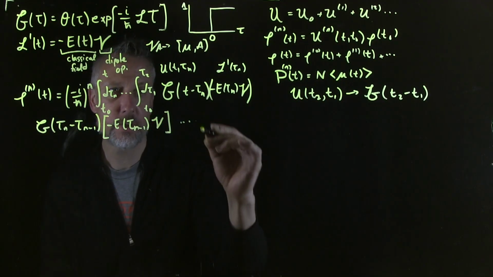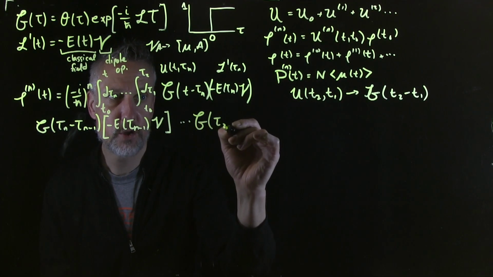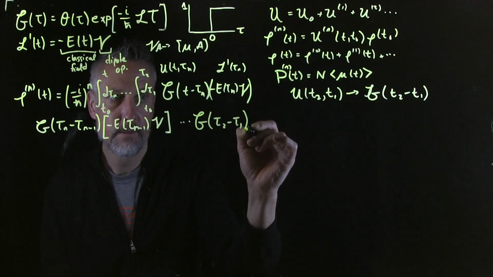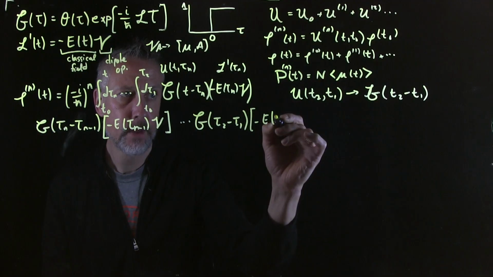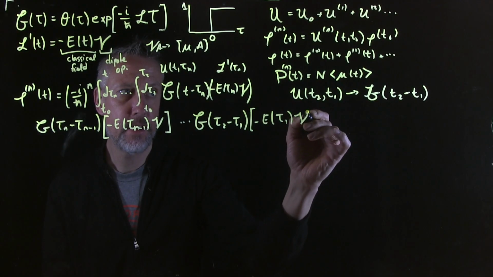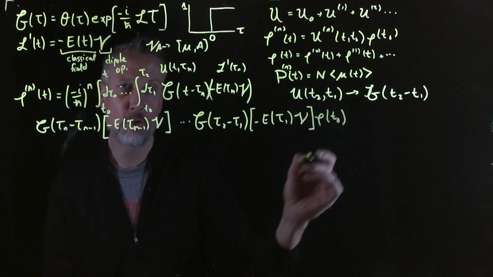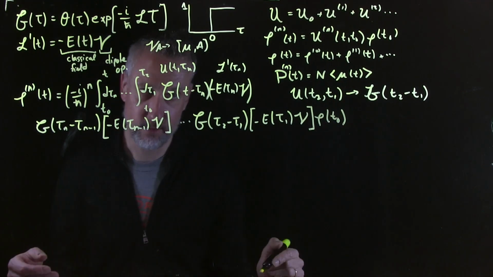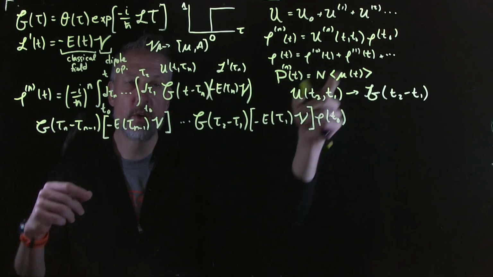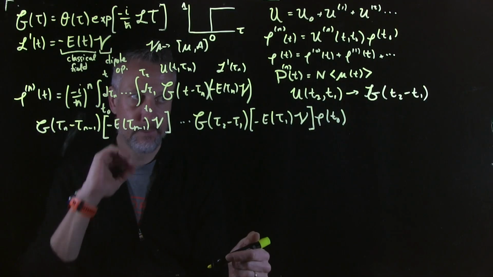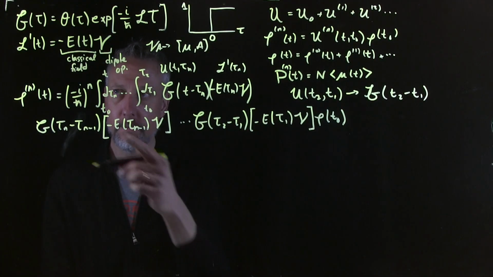All the way down to the last term, which looks like g, tau 2 minus tau 1, minus e tau 1 v, rho of t naught. Somewhere we have to have the initial state of the system, and there it is. All right, so this is what you get for one of the terms of the u's. It's the nth one.